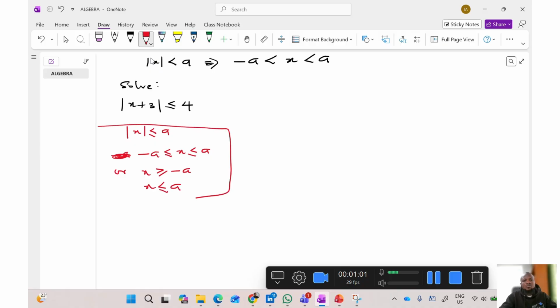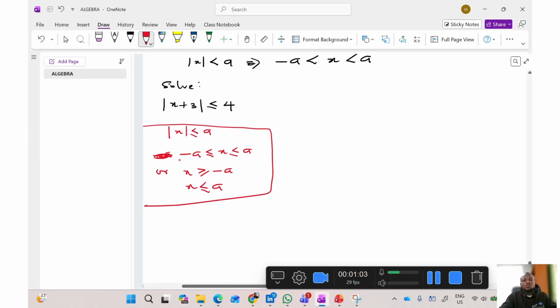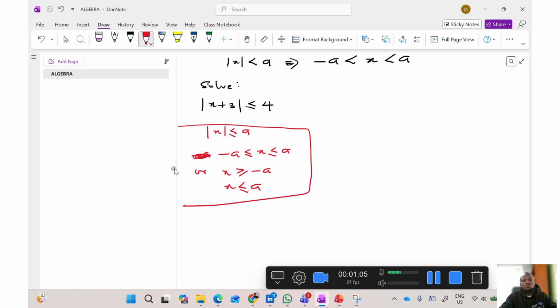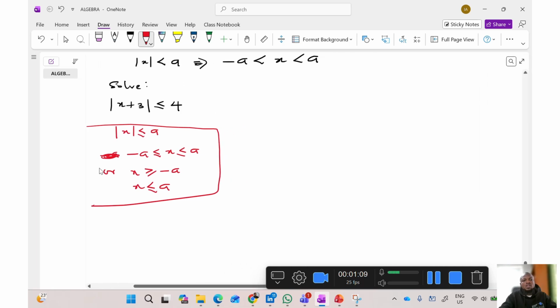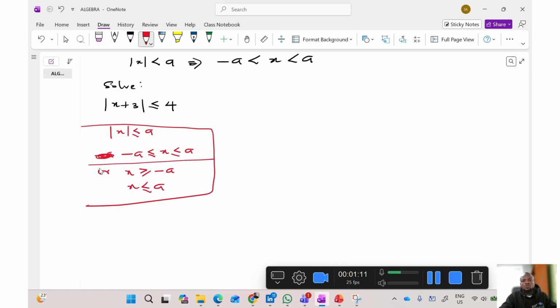Both are the same. Anyone you are comfortable with is the one you should use. Some students are comfortable with this, some are comfortable with that.